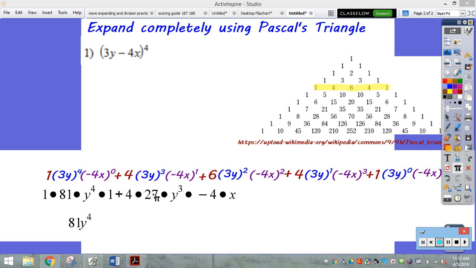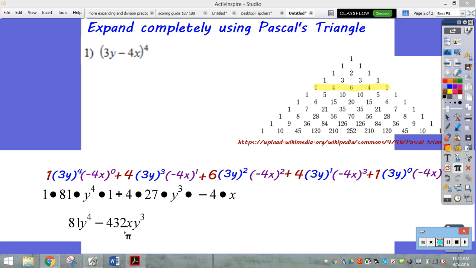To simplify, I would multiply the 4 times the 27 times the negative 4, and that would give me negative 432, and then I would put my variables at the end, the y cubed and the x.